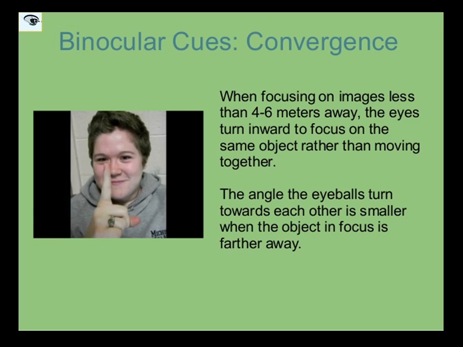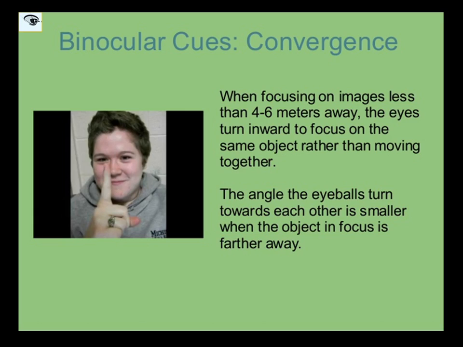When we try to focus on objects that are probably less than 4 to 6 meters away, the eyes turn inwards to focus on the same object rather than moving together. The angle the eyeballs turn towards each other is smaller when the object in focus is farther away.